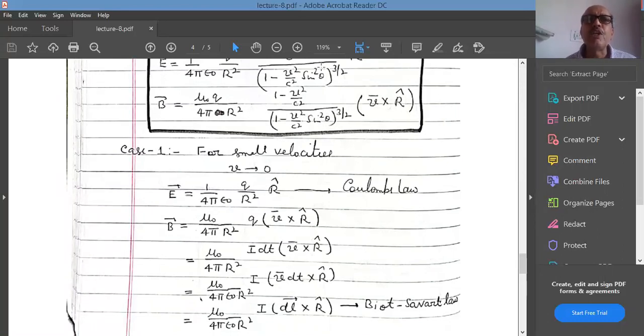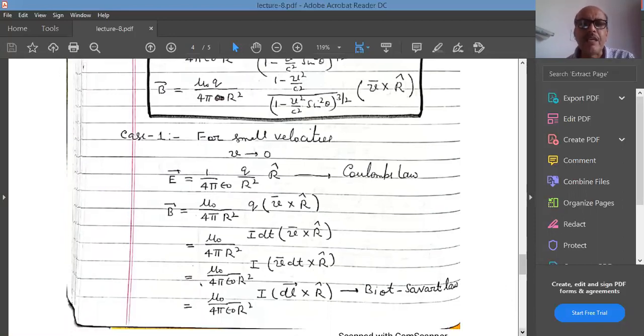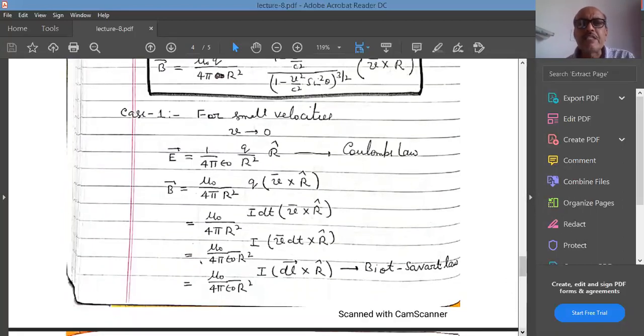Since this term is going to be minimum for theta equal to 90 degrees, both the electric and the magnetic field will be maximum for 90 degrees and minimum for 0 degrees. Theta equal to 0 degrees or theta equal to 180 degrees: in both cases the value will be equal to 1, because sine square 0 and sine square 180 will be equal to 0. So there is no spherical symmetry.